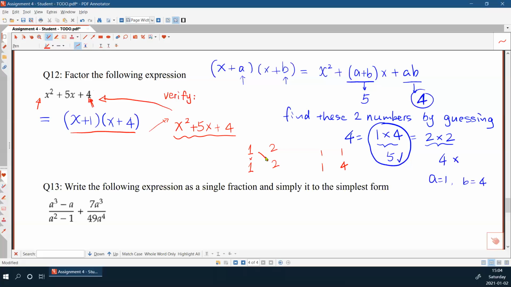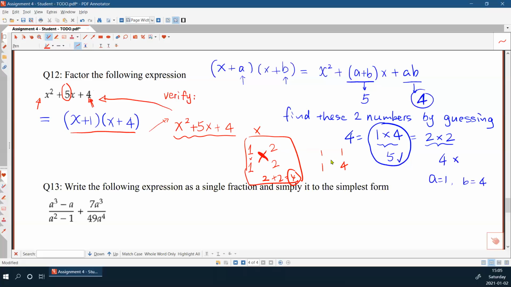And then we cross multiply these numbers and add them. 1 by 2 is 2 and 1 by 2 is 2. 2 plus 2 is 4. This 4 is not equal to this number, so we cannot choose this option.